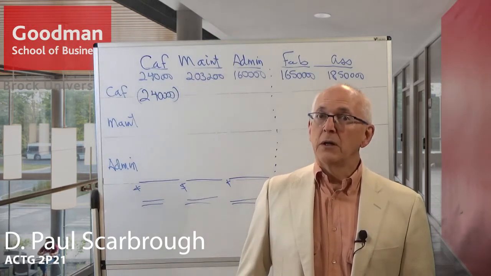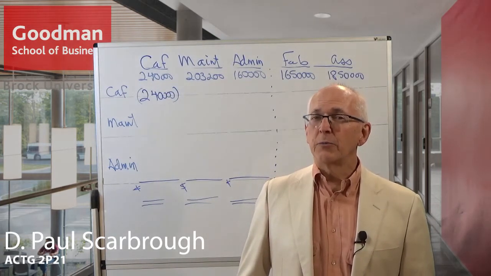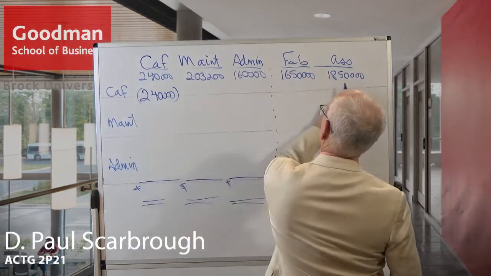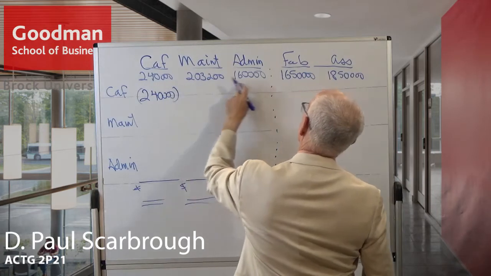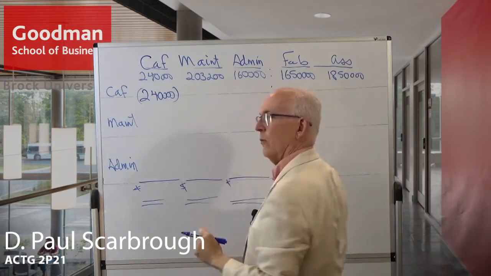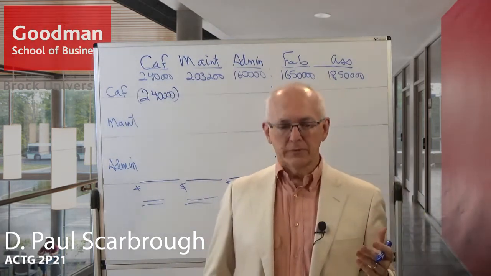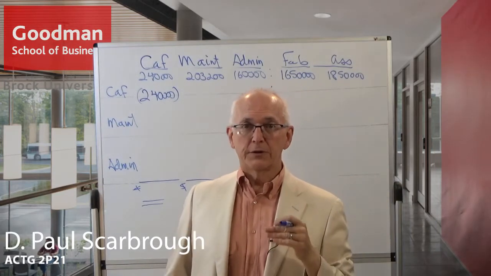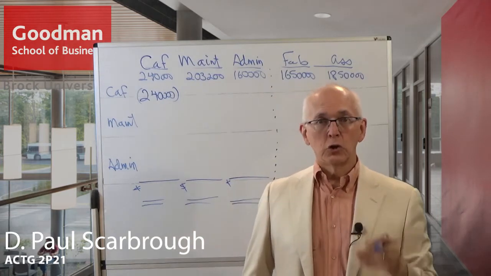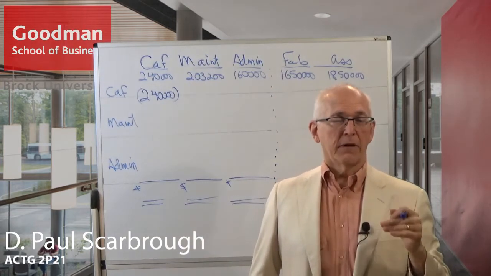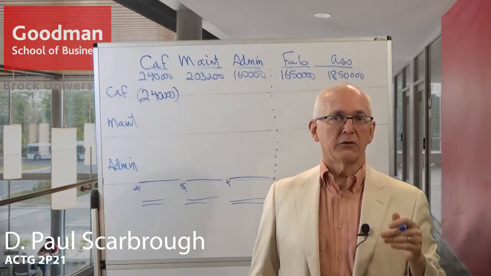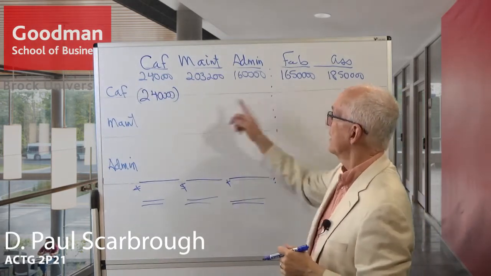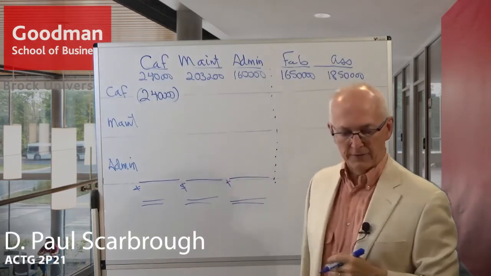What we need to do, though, is create a new decimal fraction based on the number of employees in the departments that we're transferring into. If we look at these four departments, we have to add up the total number of employees in those four departments. So I want you to stop this video for a second, look at the data sheet that you have, and verify that you can identify just the number of employees in the four departments that we're transferring into from the cafeteria.